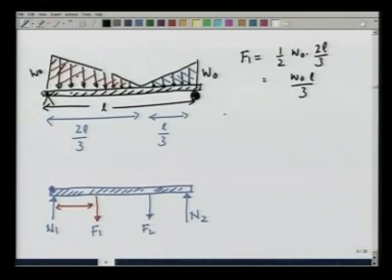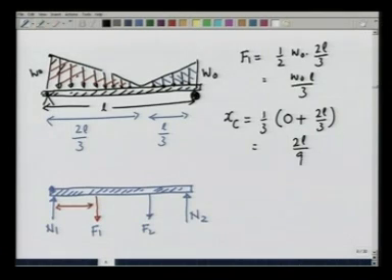The centroid of this triangle, xc, is going to be equal to 1/3 times (A plus B), in this case A is 0, this is the point where A is, and B is 2L divided by 3. So, this is acting at 2L by 9. So, this distance is 2L by 9, and F1 is equal to W0 L by 3.